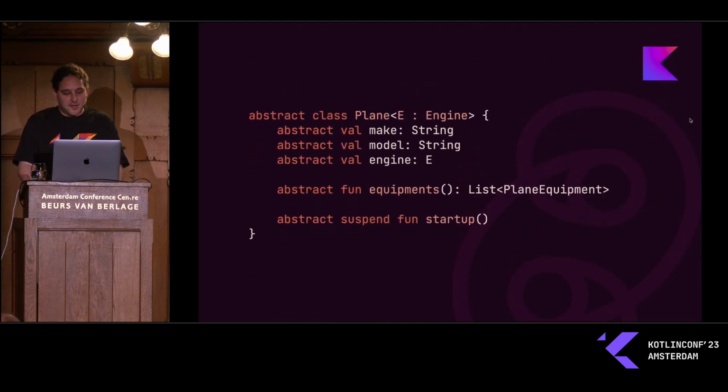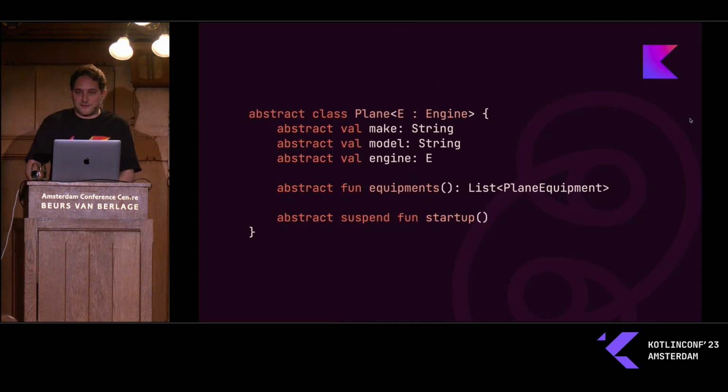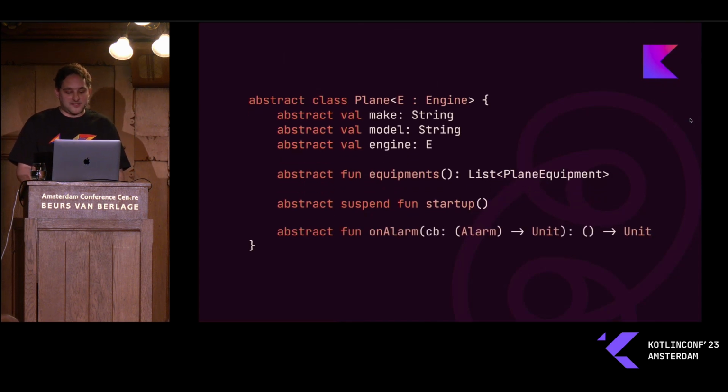So that works. But now what we want is a way to be subscribed to alarms. Because believe it or not, when you're piloting a plane, being aware of alarms is very important. So we provide a function where you can register a callback, and it returns itself a function that you can call to cancel the registration of the callback.